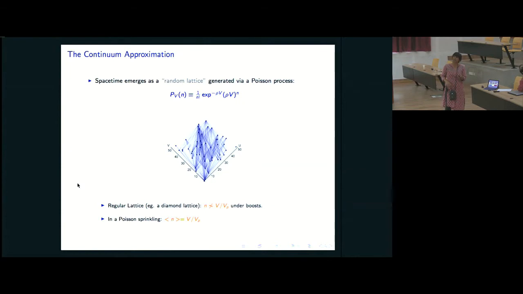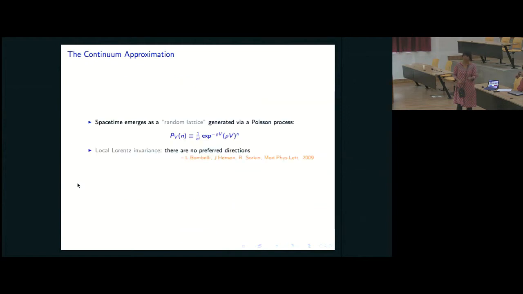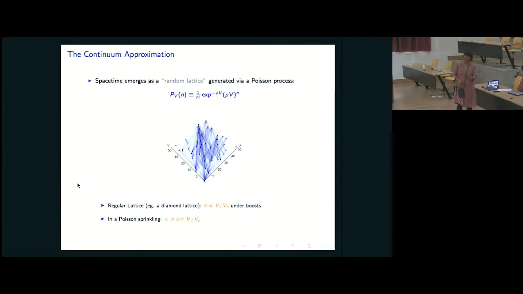A particular choice is the Poisson process. And the reason I say particular choice is that it is possible in theory that there are other processes, but we don't know of any. I don't think there's a no-go theorem that tells us there's no other process that will do this for us. But this is what we work with. We work with a Poisson process, and that generates for us a random lattice of this kind. Here's an example in 2D spacetime where I've done a Poisson sprinkling into this patch of spacetime and drawn in the causal relations that are there.